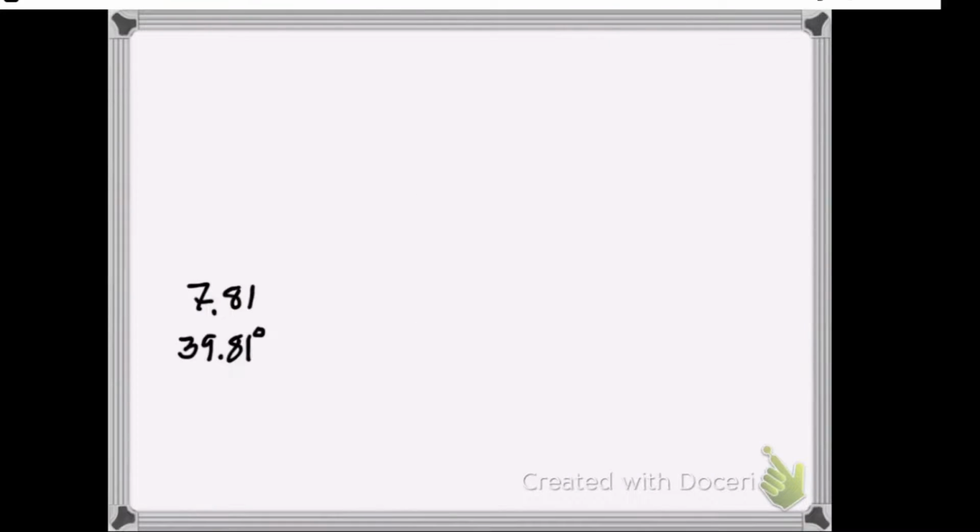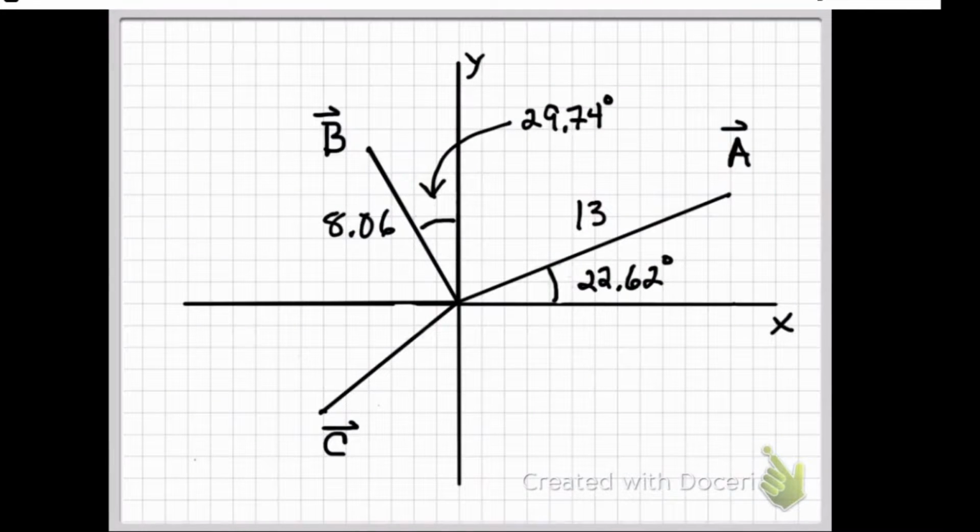Now vector C has a magnitude of 7.81, and we'll pop that over here. So that is the magnitude of vector C. And we're going to measure this angle between vector C and the negative x-axis.